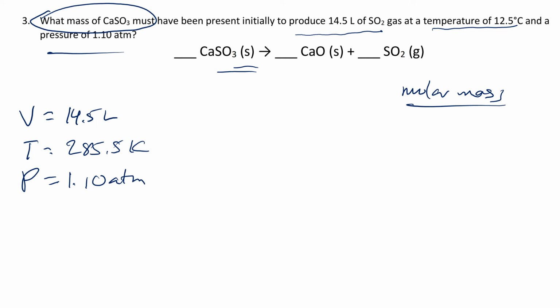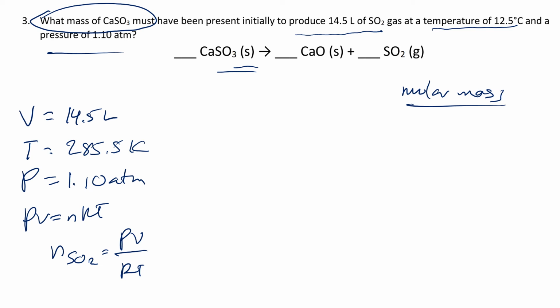So I'm going to use my ideal gas law to solve for moles of SO2. And with these moles of SO2, I'm going to convert that to the mass of CaSO3.